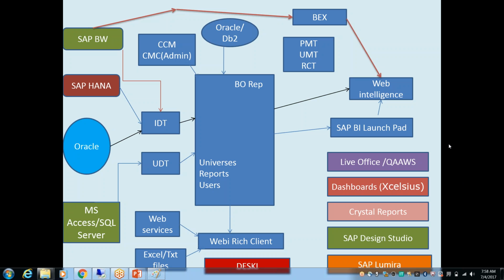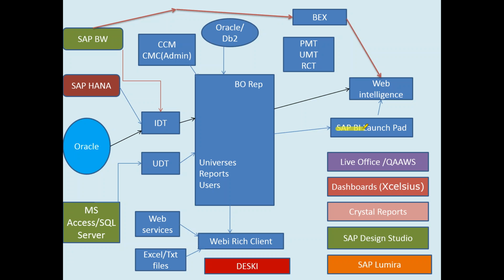Yeah, I'm just trying to explain. Yes. Okay. So through the BI Launchpad, the end user is going to access the reports, and as a BO developer, we are going to develop a Web Intelligence report. Web Intelligence is a web-based reporting tool.